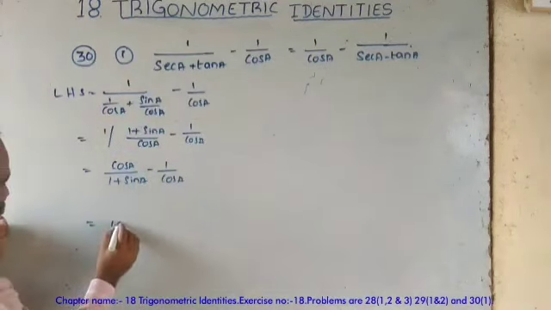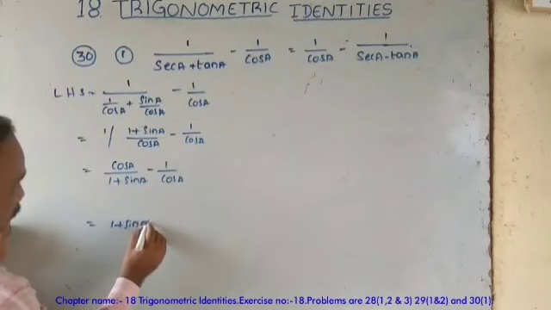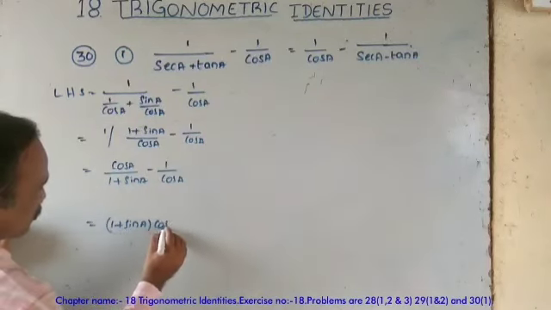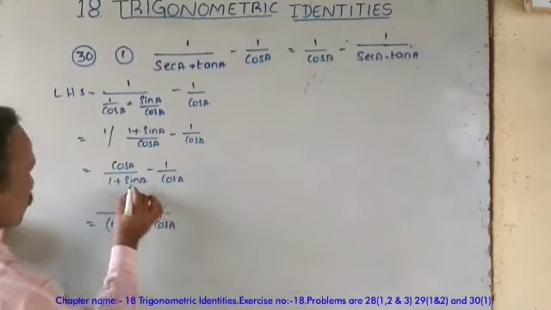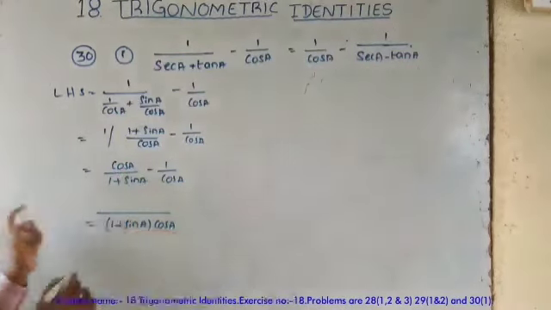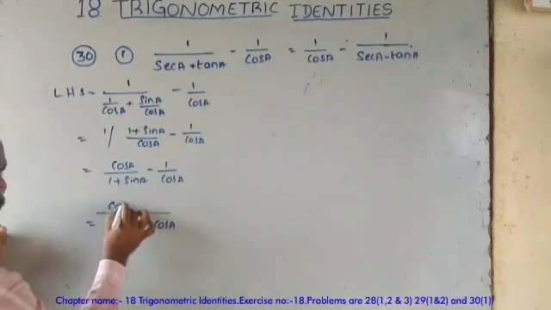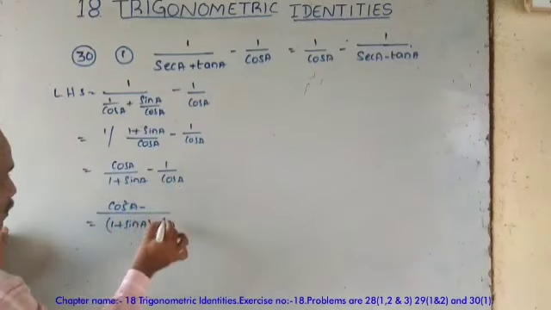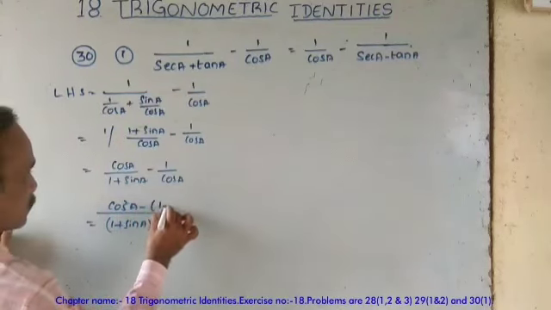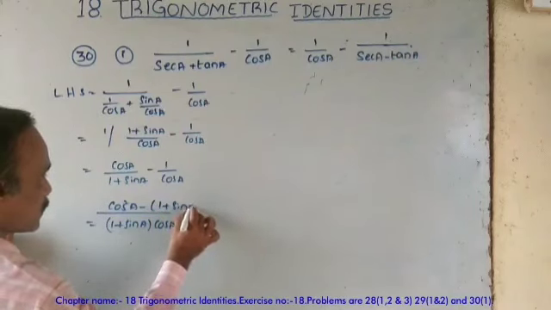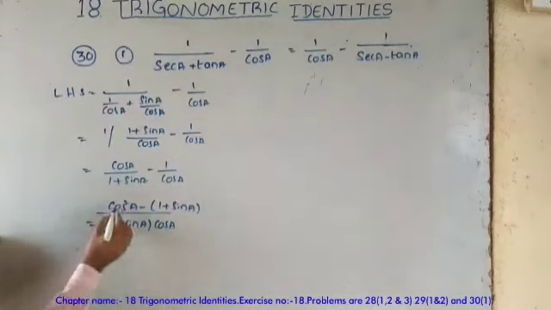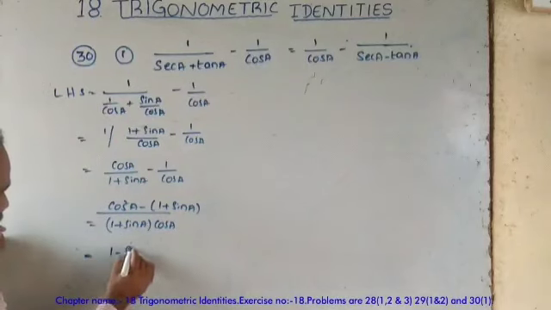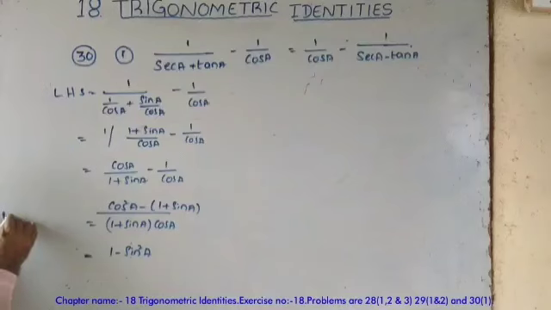Now you take LCM: 1 plus sin A into cos A is the LCM. As 1 plus sin A gets cancelled, cos A into cos A, that is cos square A, minus cos A gets cancelled. Remaining 1 plus sin A. So this is equal to cos square A, which by using the identity can be written as 1 minus sin square A. Again we have the identity: sin square theta plus cos square theta is equal to 1.